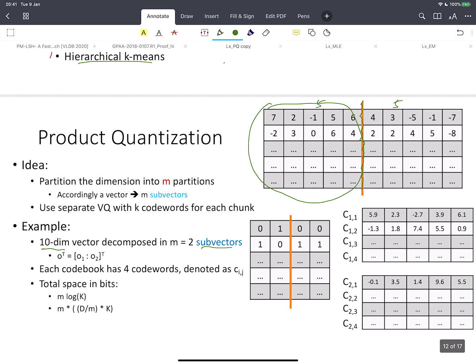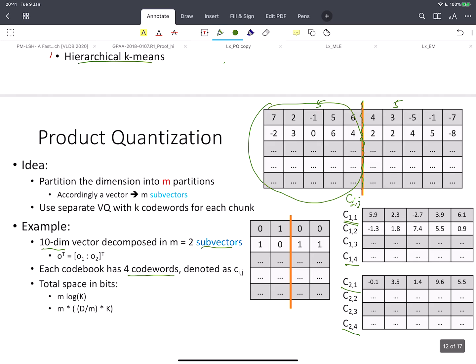After running the k-means, let's say for each partition you use k-means with k equal to 4. So you use 4 centers. We refer to each center as Cij, with i being the ith partition and j being the index within that ith partition's codebook. So you have C11 up to C14 and C21 up to C24.